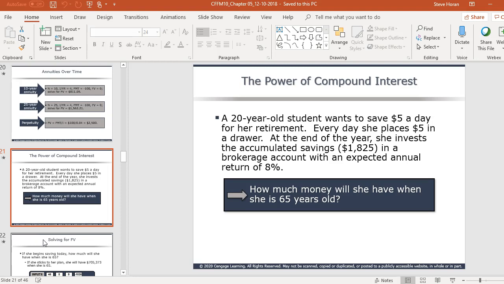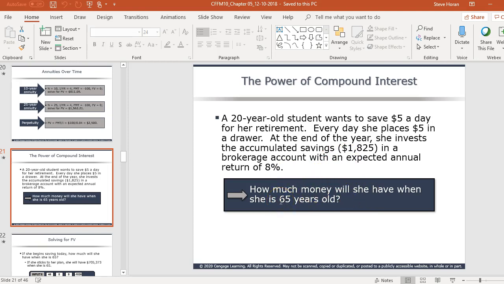So 365 times $5 is $1,825, and she puts that in an account that will earn 8%. Think of a brokerage account, invested in the stock market, and she expects to get 8% on that, the average over the next 45 years, because she's at age 20. She's going to let that sit until she's 65.